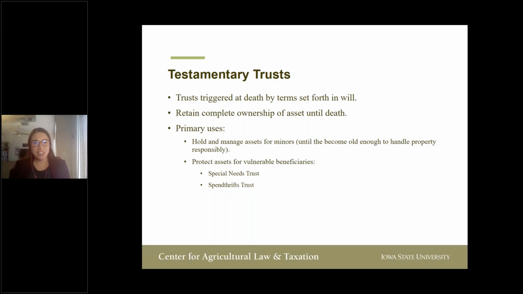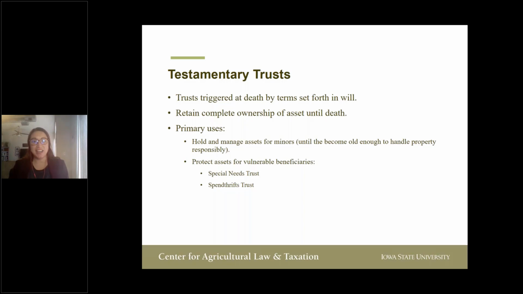And so this can be used to manage assets for minors. You can think of an example where parents don't want their minor children to have access to certain assets until they're old enough, mature enough to use the property responsibly.